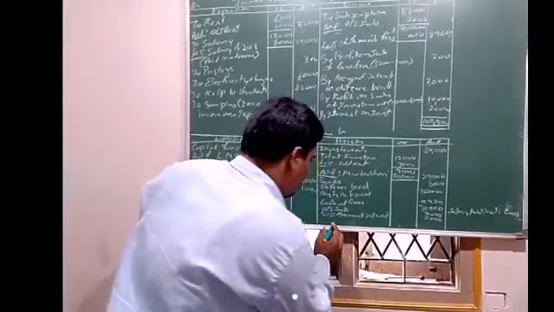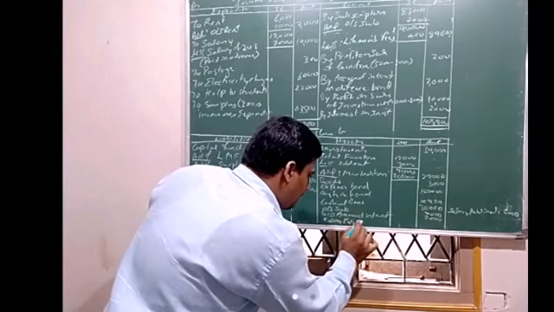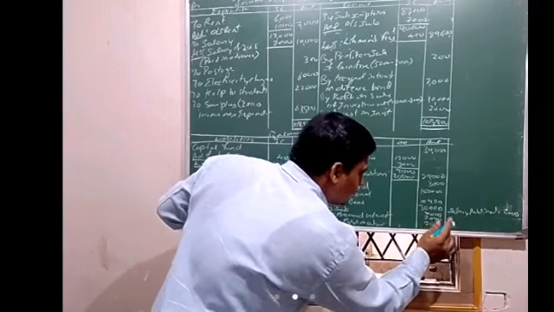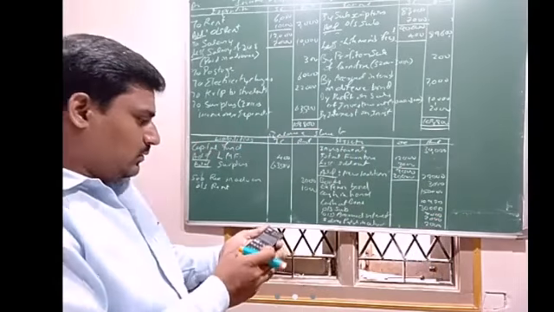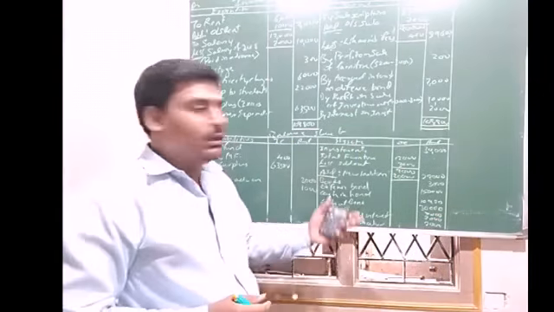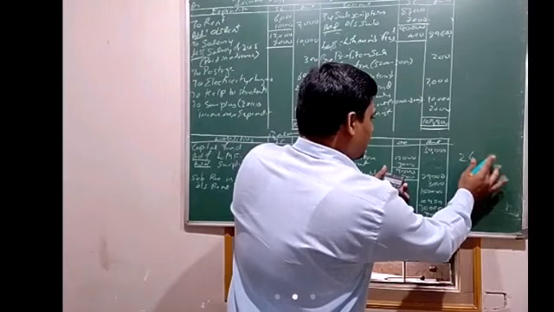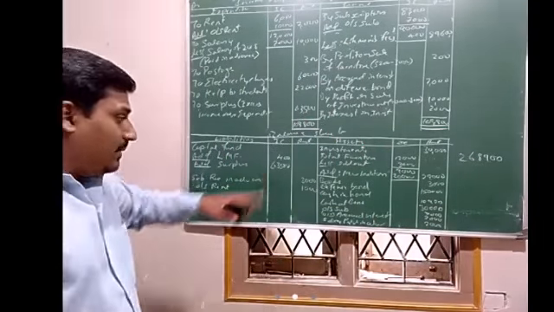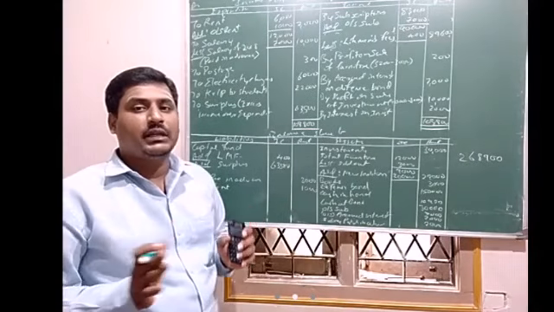So I can write now here salary paid in advance 2,000. Okay. So now the total on the asset side is 2,68,900. Okay. So the liability side total is not matching because we don't know the opening capital fund.